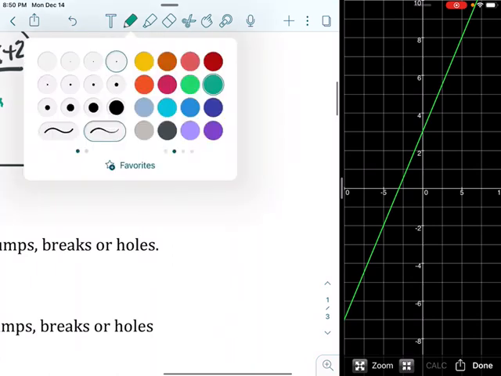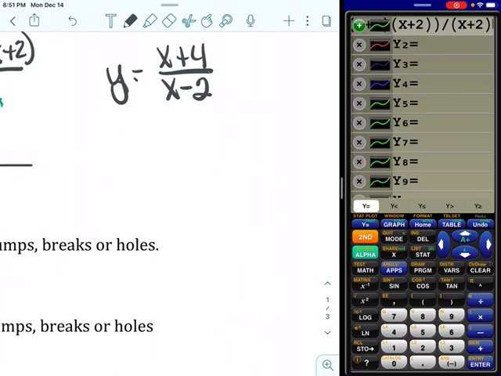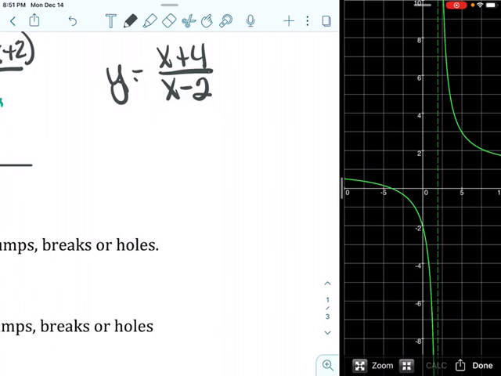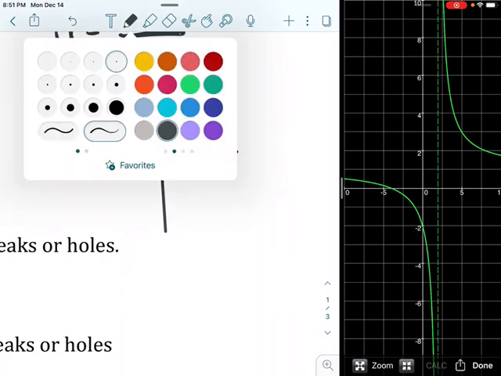And then our last graph would be y equals x plus 4 divided by x minus 2. Oh, look at that. It looks like we have some asymptotes here. Remember, we talked about asymptotes the other day. It definitely looks like we have a vertical asymptote, and I do believe that's going to happen at 2.